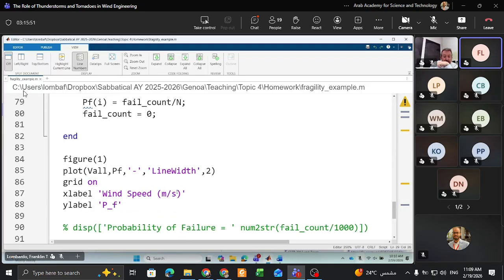And at the end of the day, what you're going to do is plot the probability of failure for each wind speed that you loop through.